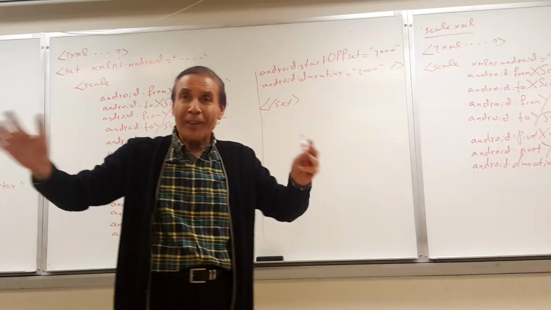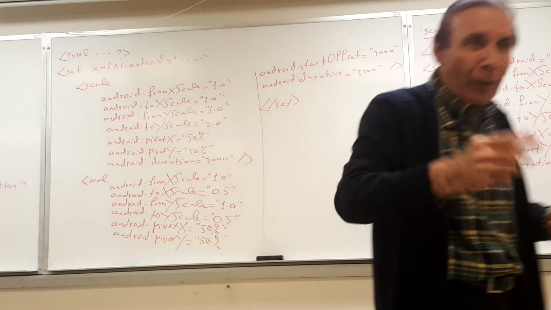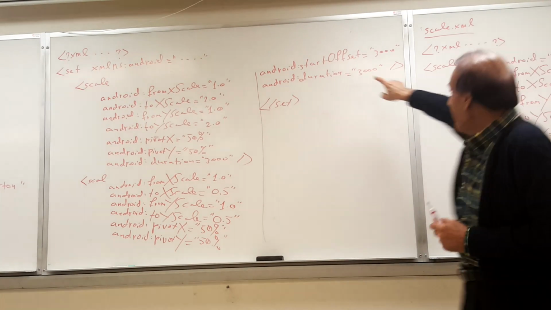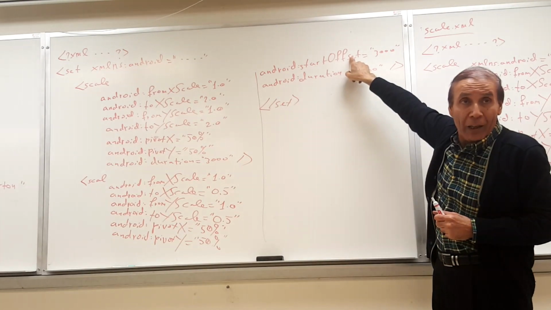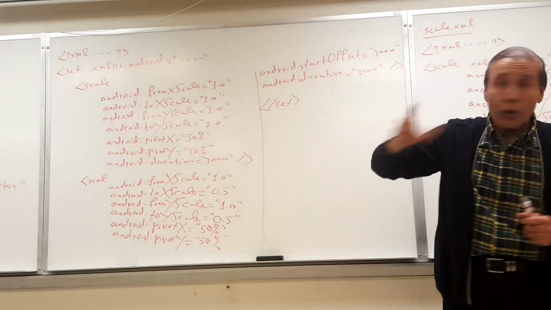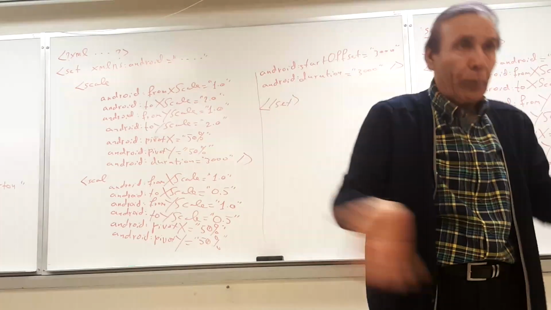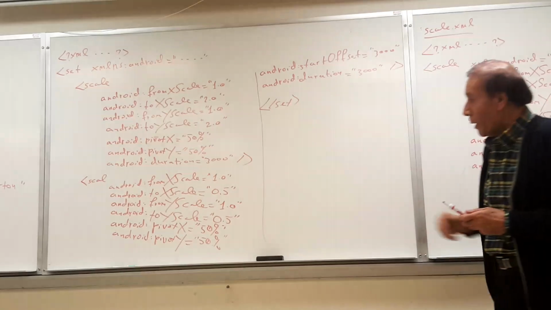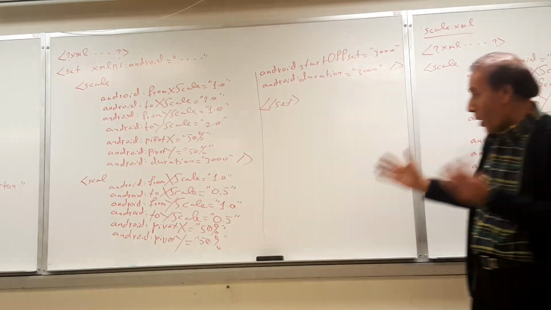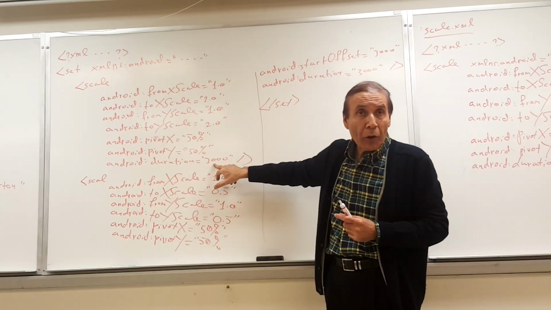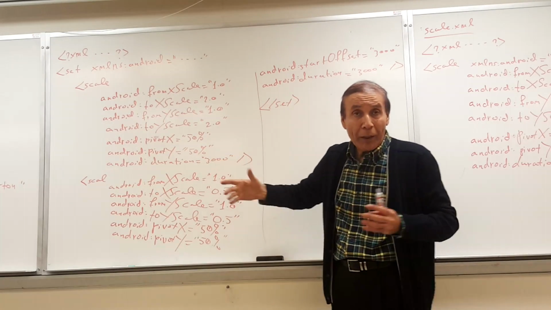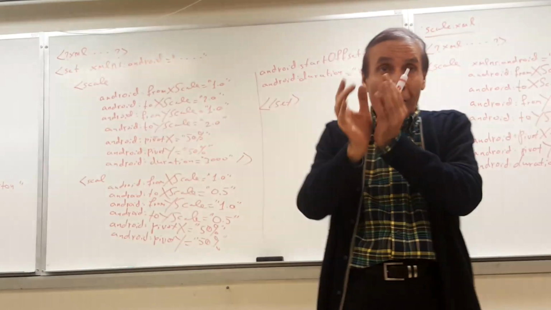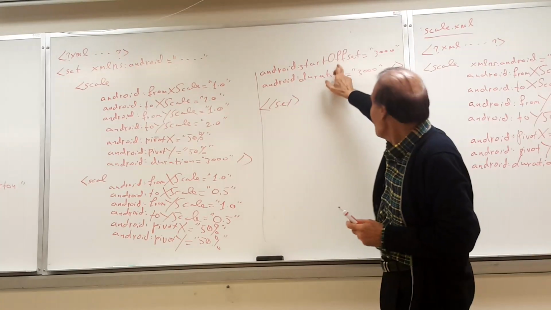So you want to give a delay between reduction and enlargement. This is the delay that you're going to put, the offset, until it goes back to the beginning. And duration means it's going to take this much time to complete the process of reduction, and this much time to complete the enlargement. But right after reduction, if you want to go back to enlargement, you wait, and that is the delay.